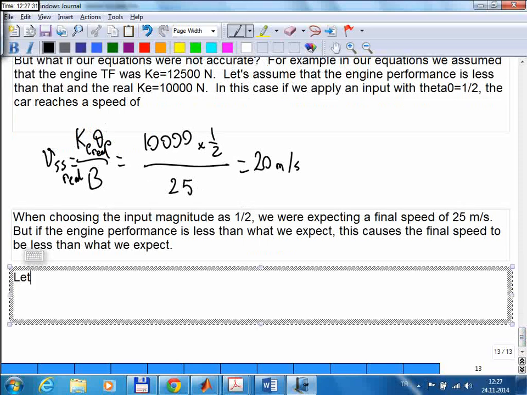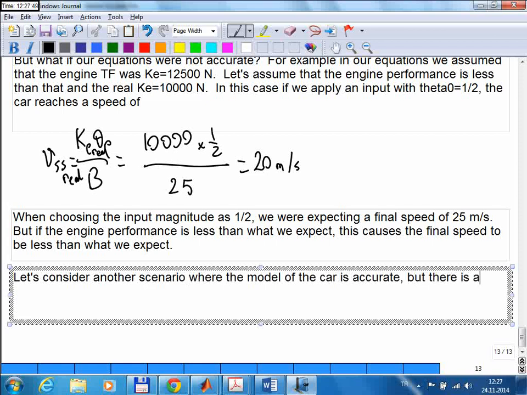Okay, so let's consider another scenario where the model of the car is accurate, but there is an external disturbance acting on the car.